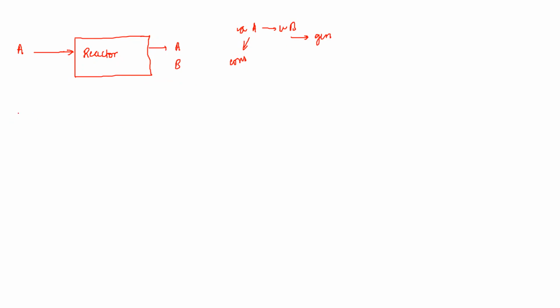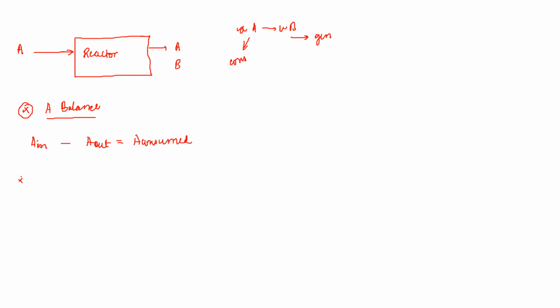So on the basis of that, we make three equations for any problem like this. First equation is for A balance, in which we say that A in minus A out is equal to A consumed, right?